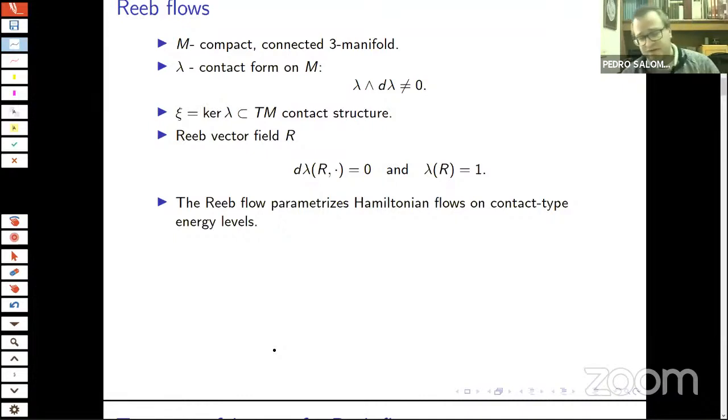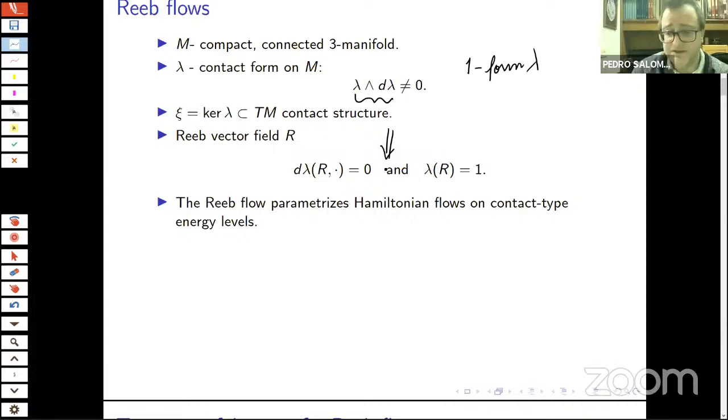A Reeb flow, it's possible to define in a more intrinsic way. You have a three-manifold, and suppose that you have a contact form on this three-manifold. A contact form is just a one-form lambda such that lambda wedge d-lambda is a three-form that never vanishes, so it's a volume form. This contact form produces a vector field given by these two equations.